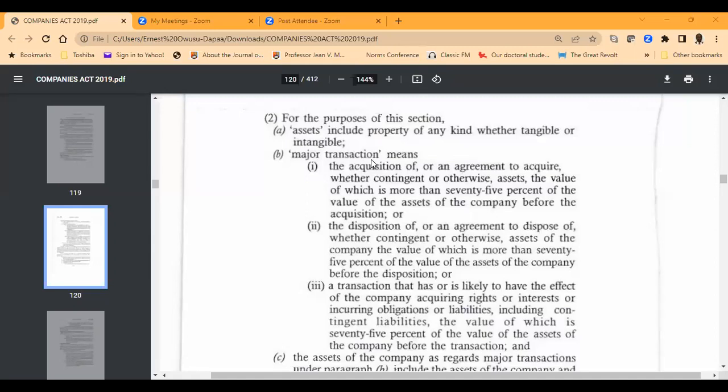I was going to ask another question, but let me attempt it. So for the special resolution, I know you require 75% or more of those entitled to vote having voted in favor of the resolution, and for an ordinary resolution it is 50 plus 1.